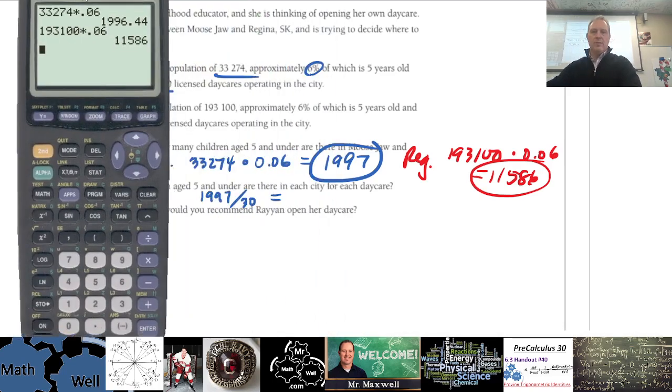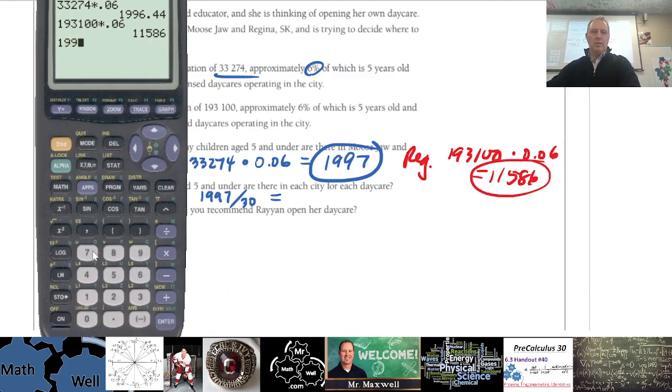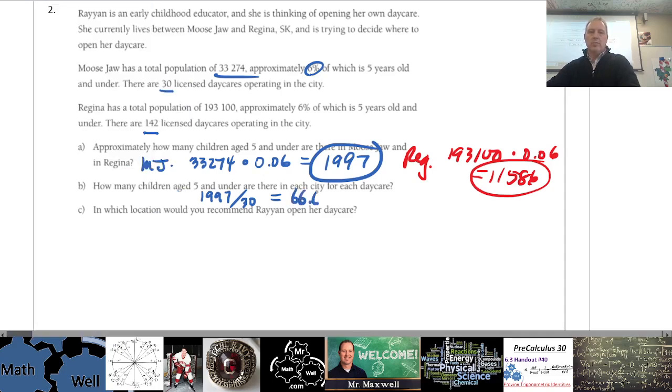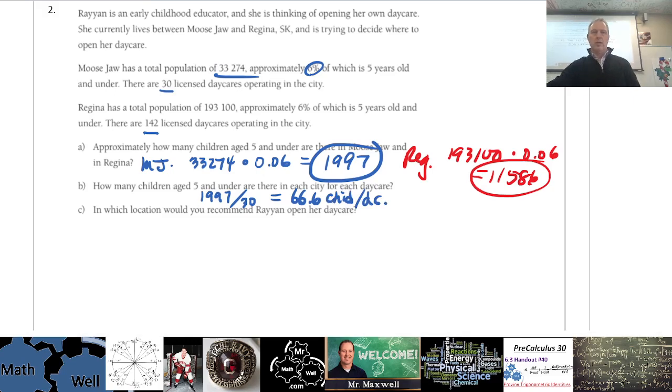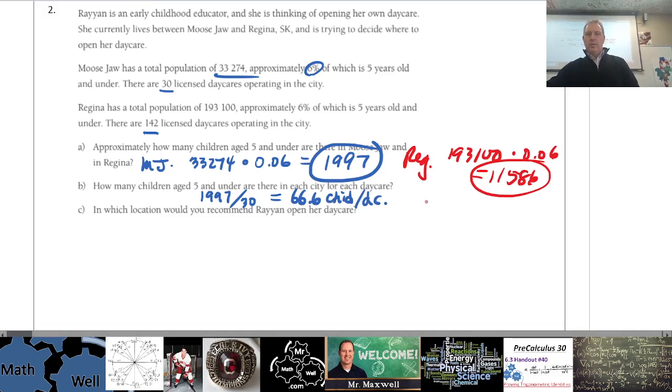So that's going to be 1997 divided by 30, and this is going to be children per daycare. So we can use a decimal number here to compare in case it's really close. That's fine. So approximately 66.6 children per daycare in Moose Jaw. That's the blue one. So the red one is going to be 11586 divided by 142. So let's try that.